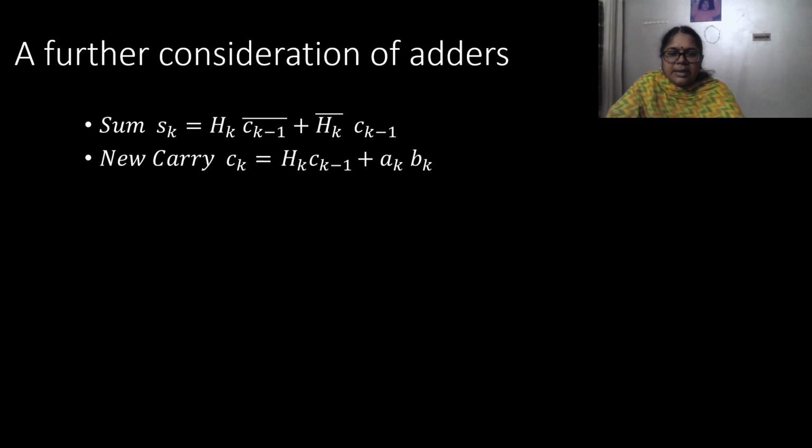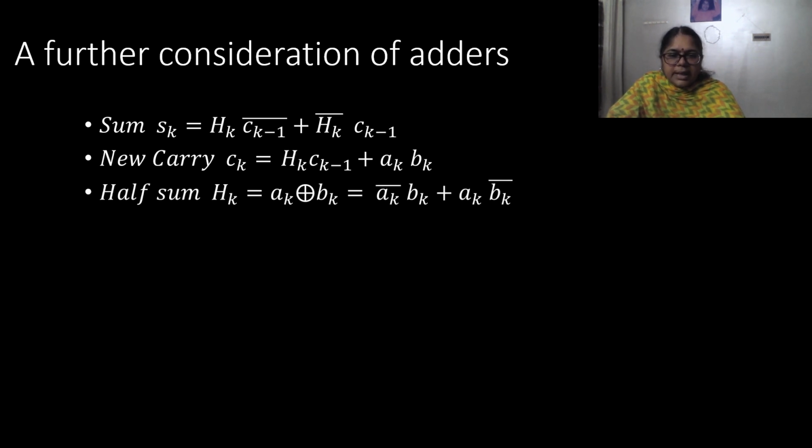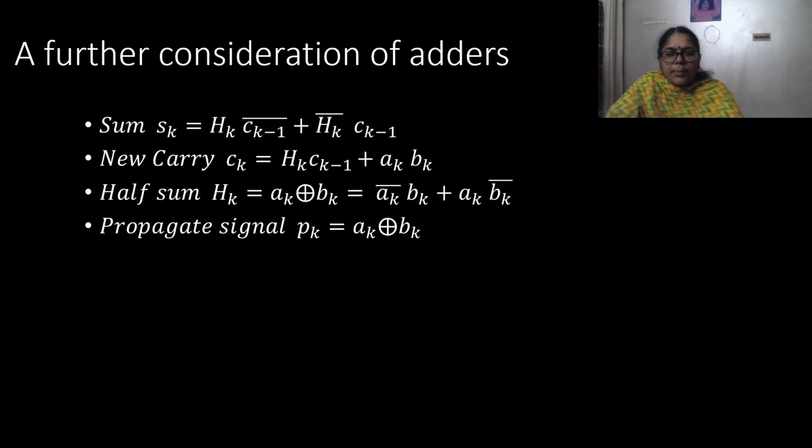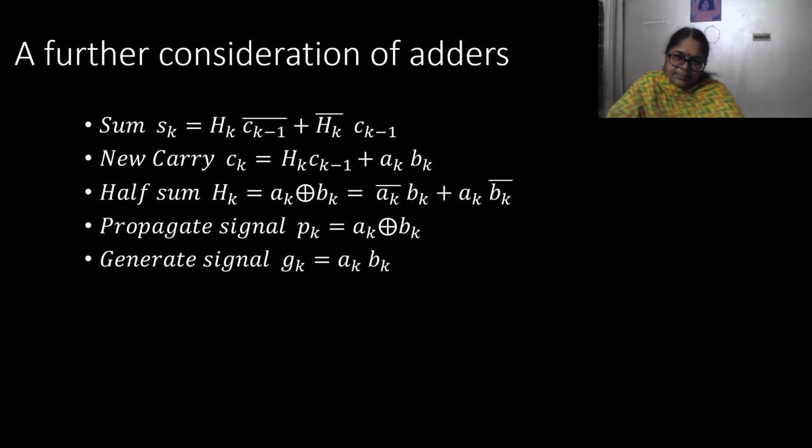And the generated carry or the new carry, Ck is equal to Hk into Ck minus 1 plus Ak into Bk, where Hk is the half sum or output of half adder, which is Ak XOR Bk, or it is A bar B plus AB bar. The propagate signal Pk is A XOR B and the generate signal G is AB.